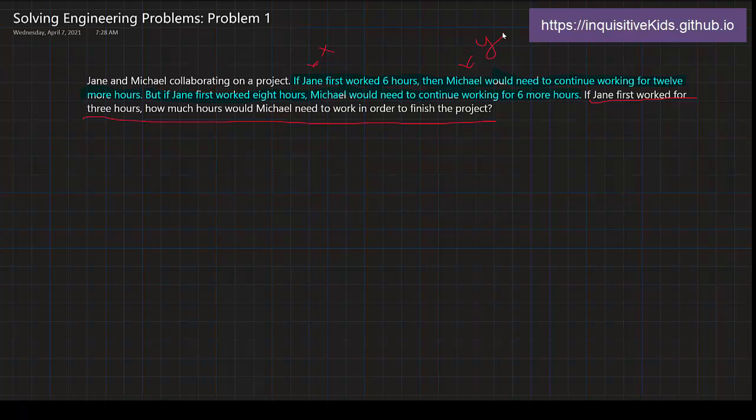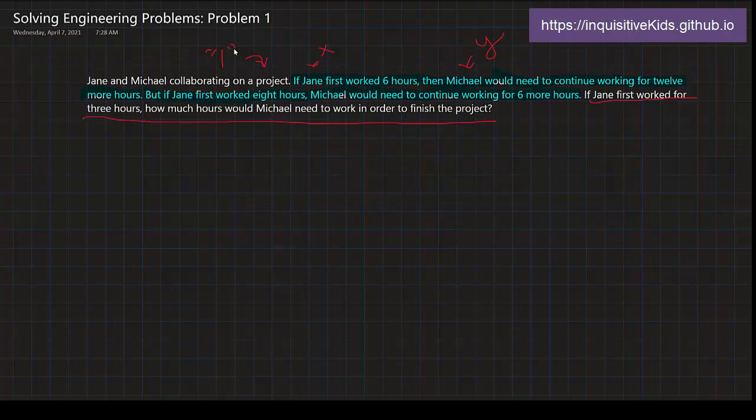Remember, unit progress means the progress a person or a team makes in a unit of time, like per day, per minute, per hour, per month, per week. That is unit progress. And let's just set the whole amount of the project as 1. So 1 is going to represent the whole amount of the project.